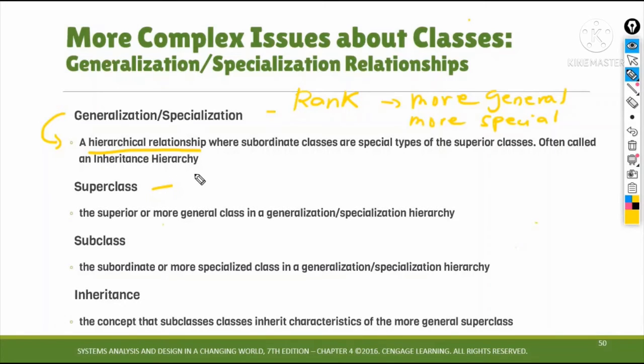So again, each class in the hierarchy might have a general class above it, so we call that a superclass. So by definition, a superclass is the superior or more general class in a generalization specialization hierarchy. At the same time, a class might have a more specialized class below it called the subclass. So by definition, it is the subordinate or more specialized class in a generalization specialization relationship.